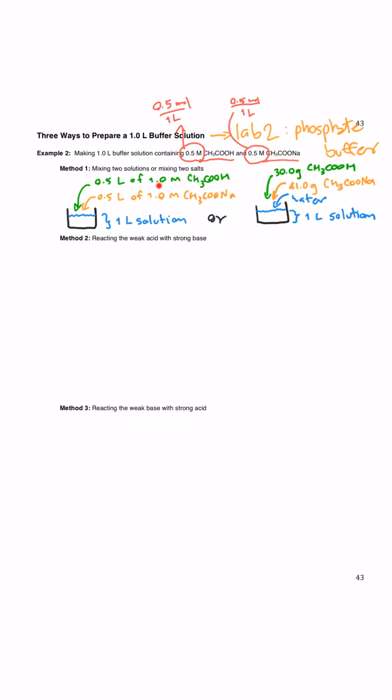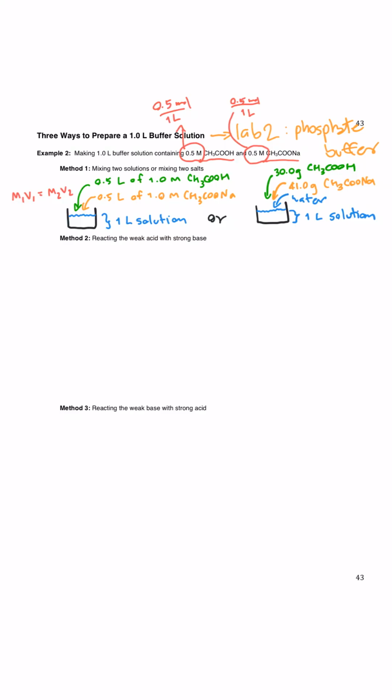As the solution is mixed, the concentration of each will be diluted in half. Therefore, at the end, the solution will contain 0.5 molar of acetic acid and 0.5 molar of sodium acetate. The total number of mole of acetic acid and sodium acetate would be 0.5 mole in 1 liter as well.